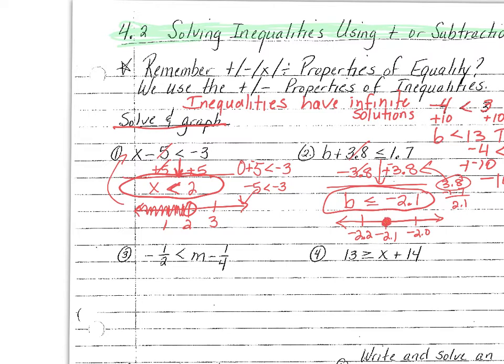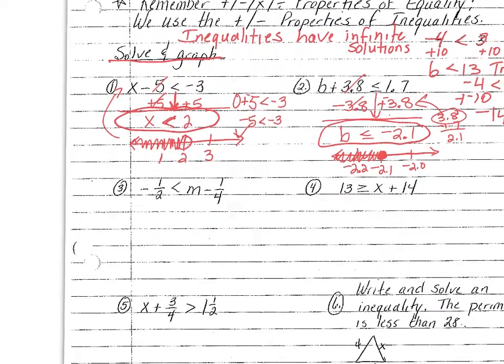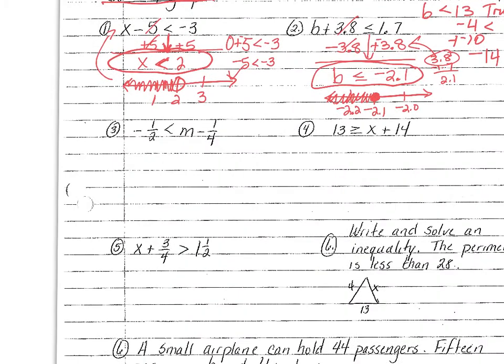And this is shading anything less than, which is which way? Left. If I put negative 100 in there, negative 100's in that solution set, isn't it? It's in that shaded region. Negative 100 plus 3.8 is going to give me a negative number. Is that going to be less than or equal to 1.7? Yep.